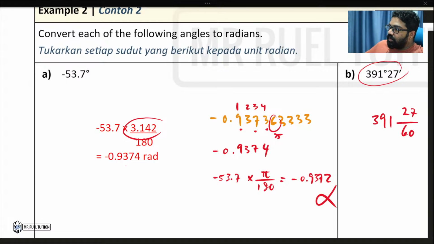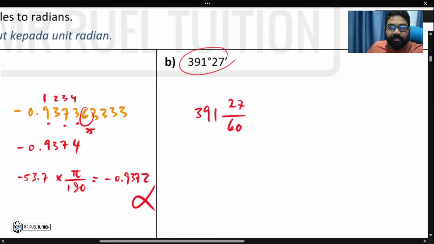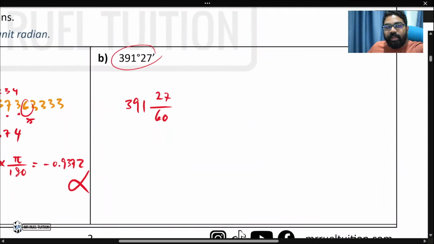Okay, let's go to this one. Degree and minute. Alright. Ini, darjah dan minit di sini. Okay, so I told you already. Minit ini kita boleh tulis sebagai darjah.